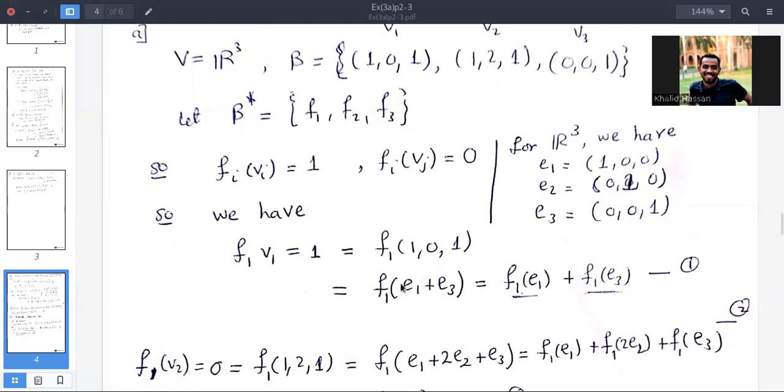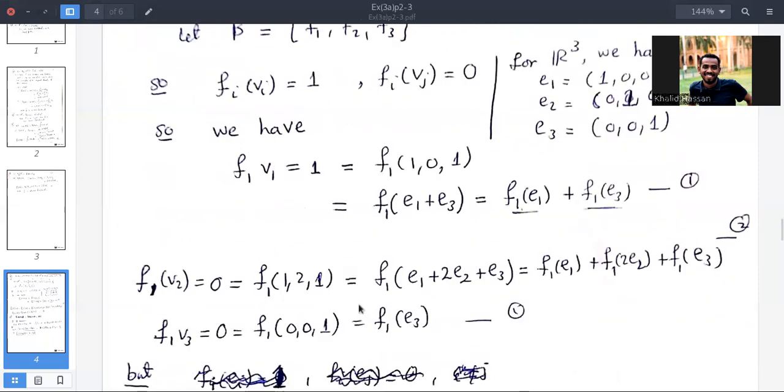And again, since f is a functional, we can do this. It will be f1 E1 plus f1 E3. And let us not forget, this is 1 at the end of the day, so 1 equals this. Now, f1 of v2, which is 0, equals f1 of v2, which is 1, 2, 1.